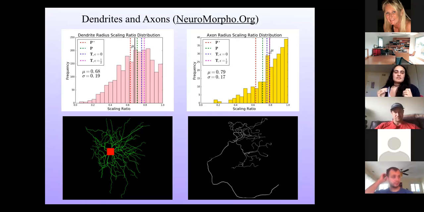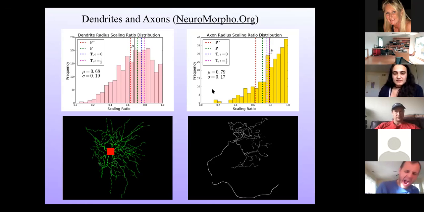So the species that we use range from insects and rodents, and then they range all the way up to elephants and whales. And you might notice that the axon data, there's less of it, and this has to do with the resolution limit, because often the axons are very thin compared to dendrites.